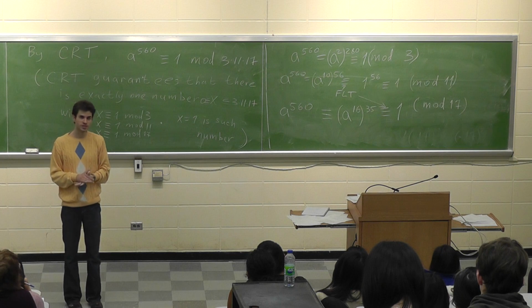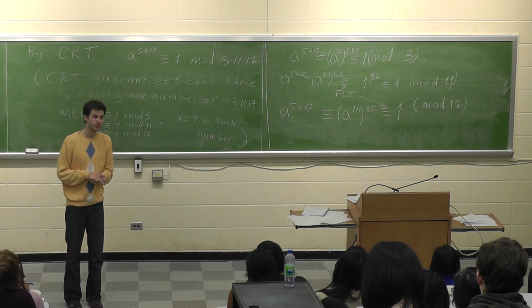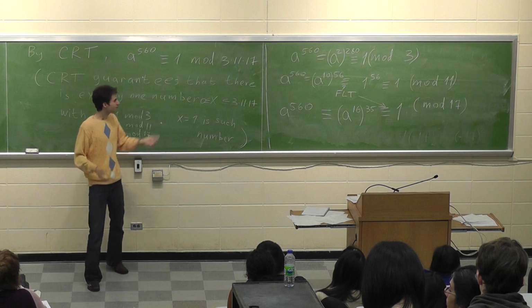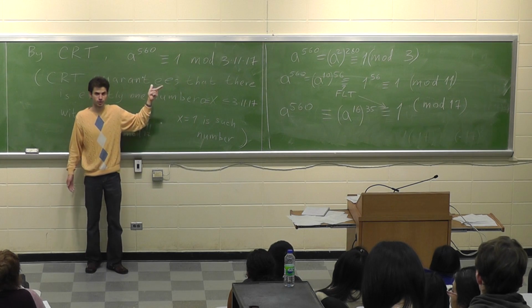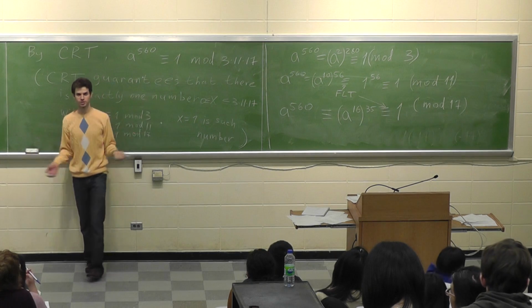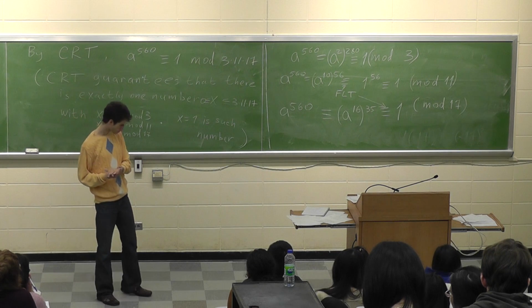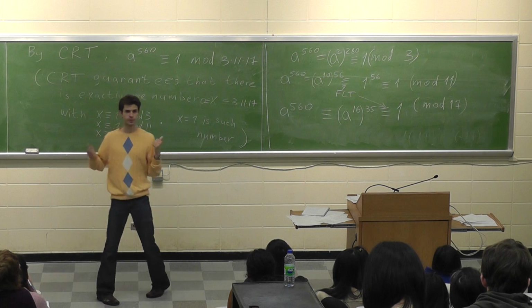So it is a good test sometimes. Well, it is good precisely when it works. And it does frequently work. But for some numbers, it just doesn't. Okay, so maybe any questions about this?